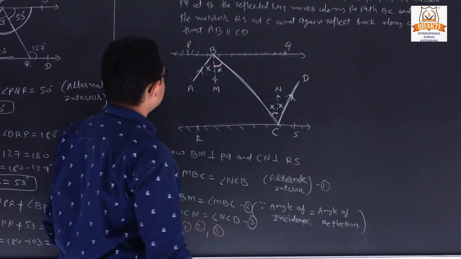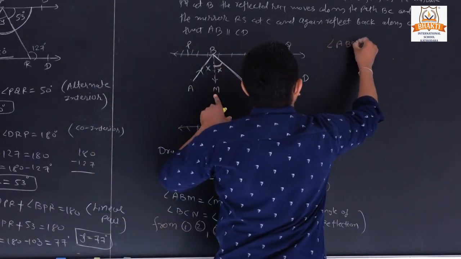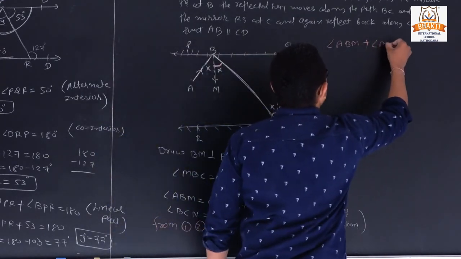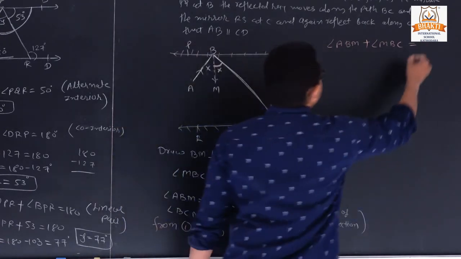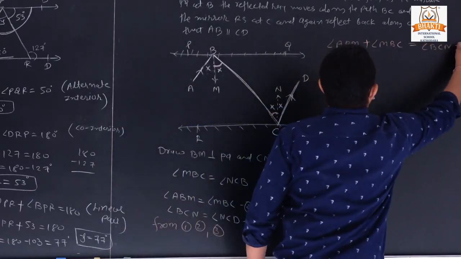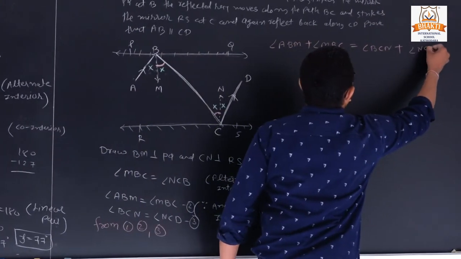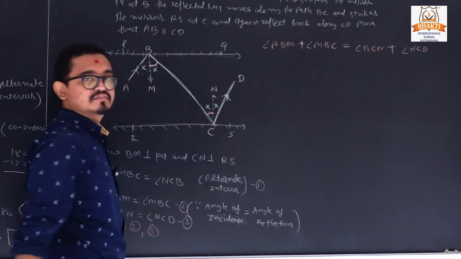So what can we write? Angle ABM plus MBC is equal to BCN plus NCD. The sum of these both is equal to the sum of these both.